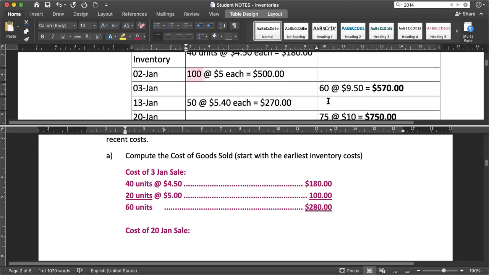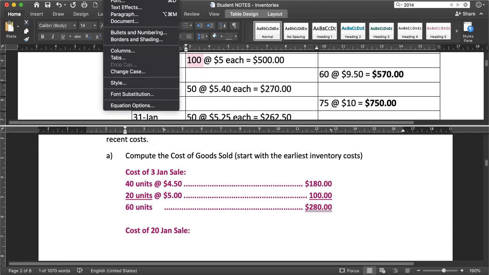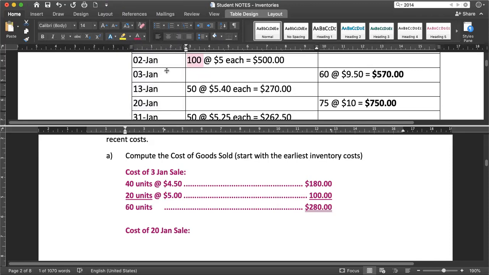But that's not a problem for us because we sold 75, and all 75 will come out of that.